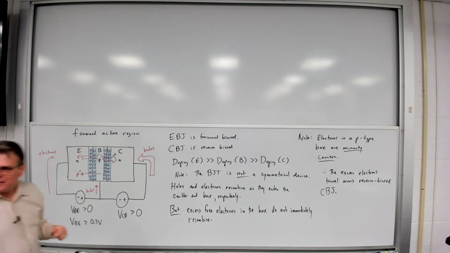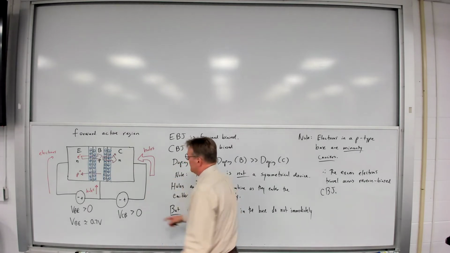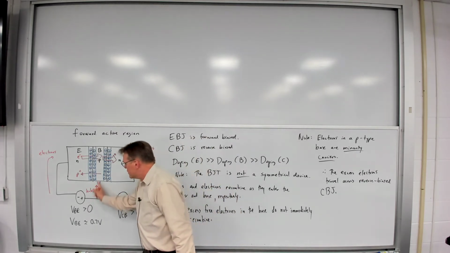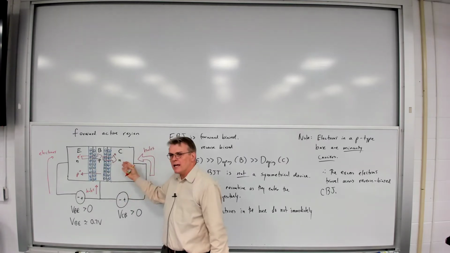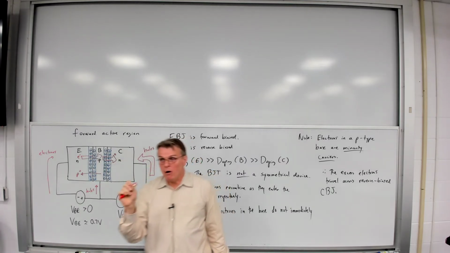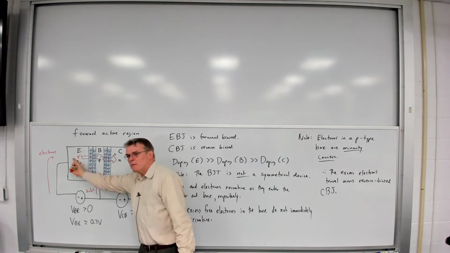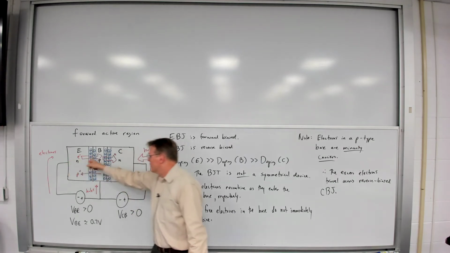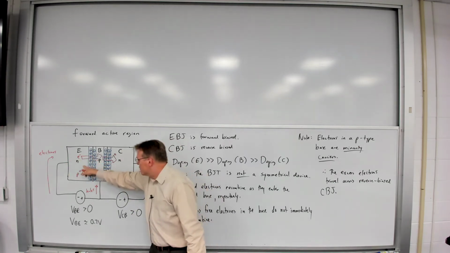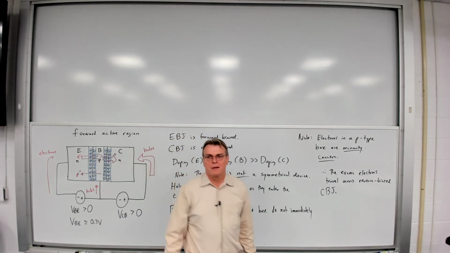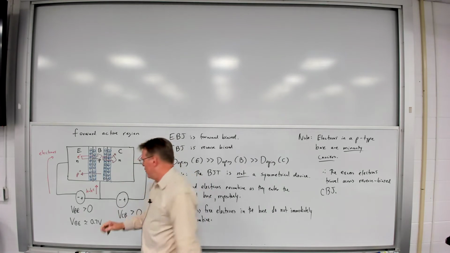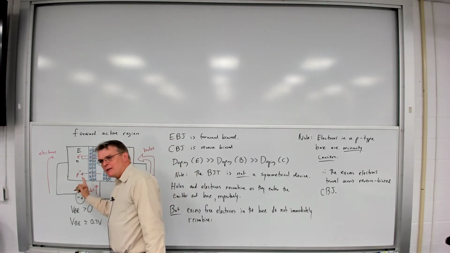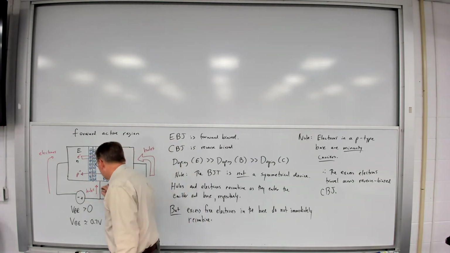This is the process. It turns out that the number of holes you need to inject into the base to cause this process to happen is very small relative to the number of electrons that make it from the emitter through the base and into the collector. And so what we have here is, once again, thinking about current. Positive base current is in the direction of holes.